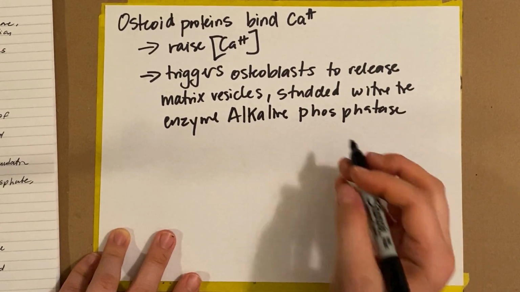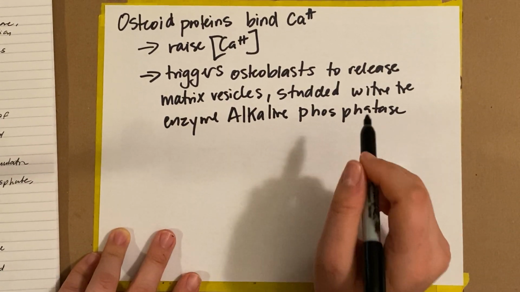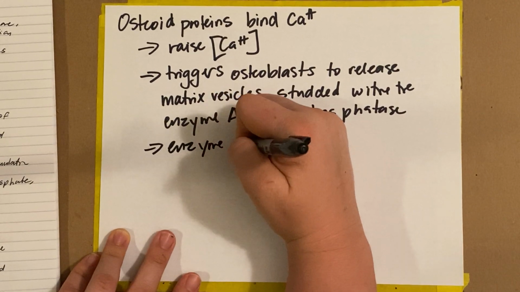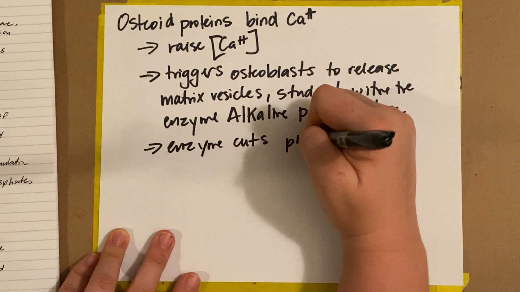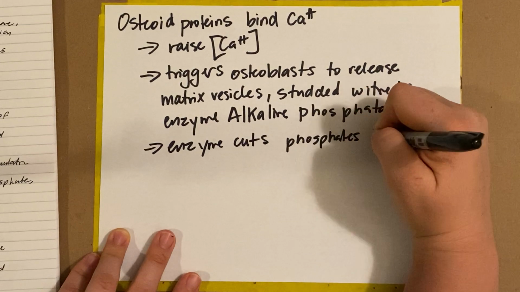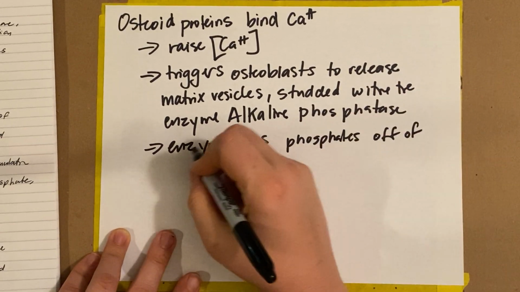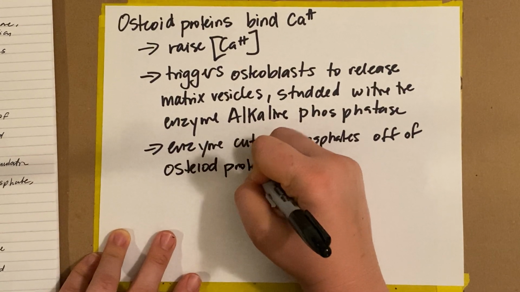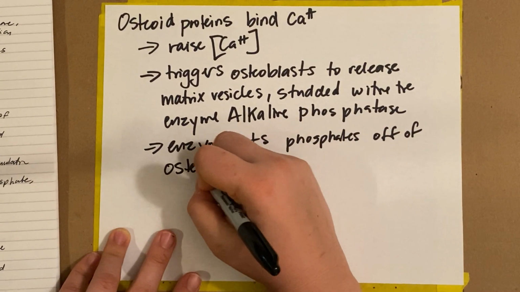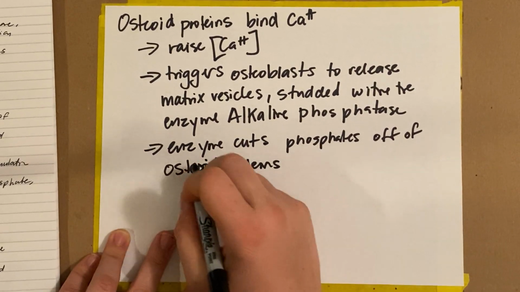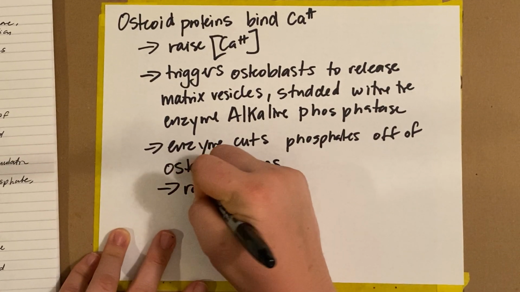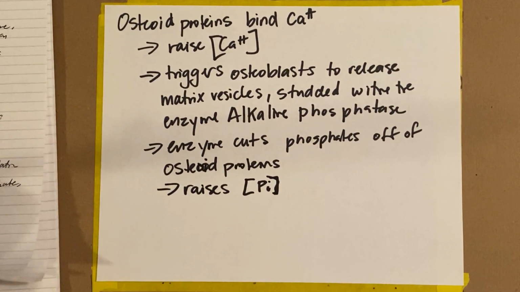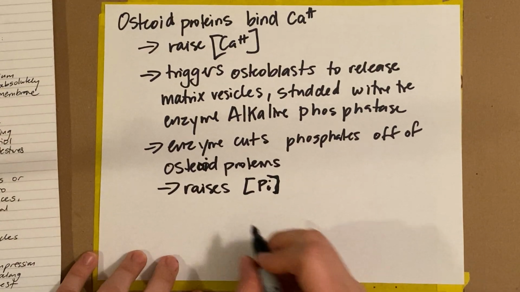I think I spelled that wrong earlier, so it was supposed to be alkaline phosphatase. What this does is the enzyme cuts phosphates off of the osteoid proteins, okay, and that then raises the concentration of phosphate ions, okay?